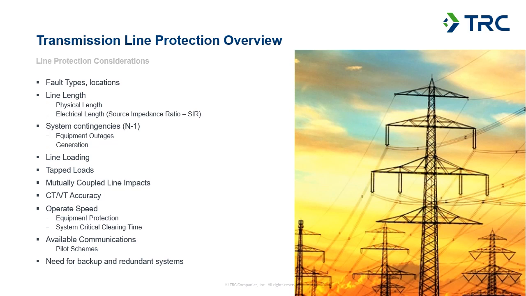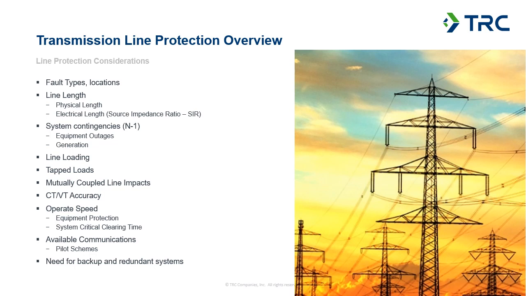And also your available communication. So some of the schemes we'll discuss later on in a couple classes will be communication-assisted schemes where the relays are provided a communication channel to share information about what they're seeing so that both relays or all relays involved can make a more informed decision.